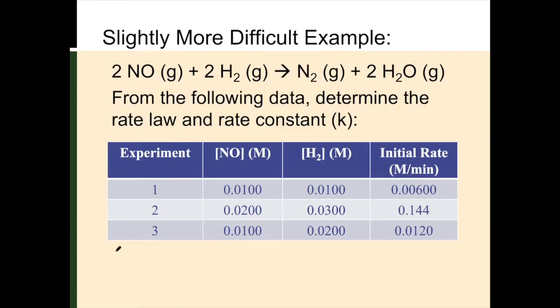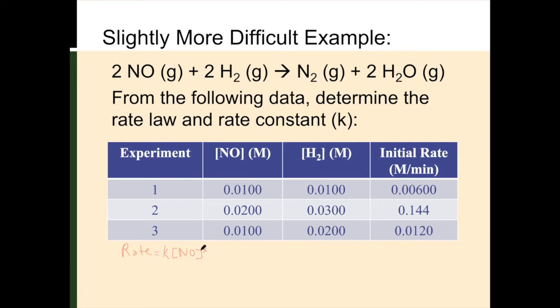Okay, so now what I would like to do is go over what I'm going to call a slightly more difficult example of determining the rate law and the rate constant for a reaction when you're given this table of experimental data based on the initial concentrations of your reactants, and those initial rates have been determined. So we know that always the rate of reaction is equal to the rate constant, and then you multiply that times the concentration of each reactant raised to some power.